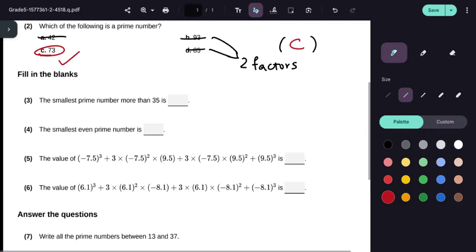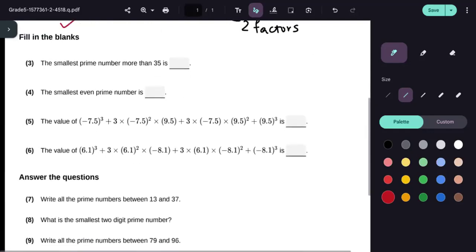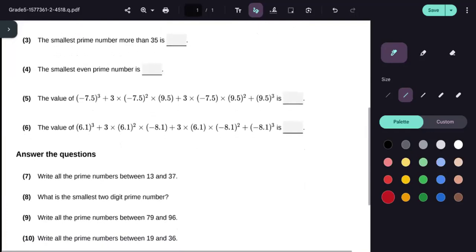Alright, now let's go to the next one. Fill in the blank. Question 3. The smallest prime number more than 35 is, so they want you to state the next prime number after 35.